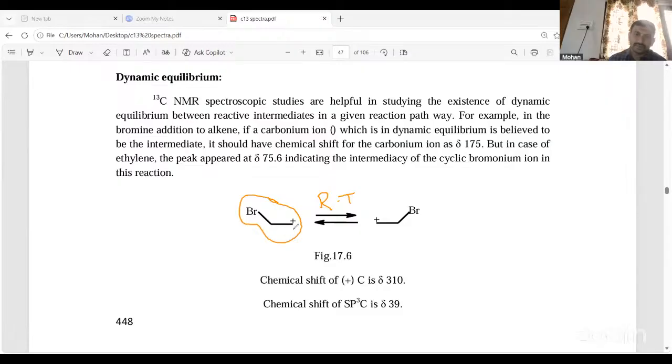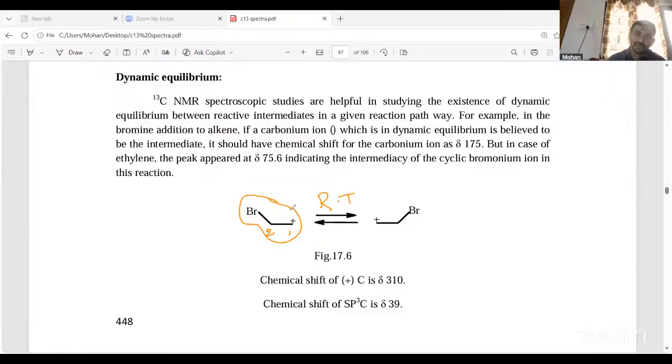For example, here initially this is one, this is two. You can label the carbons here, then it is easy to recognize these carbons after the reaction is over.